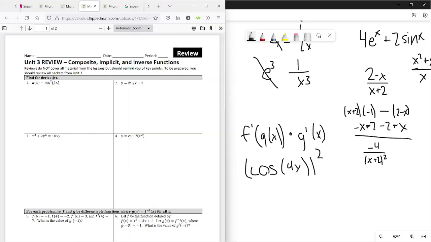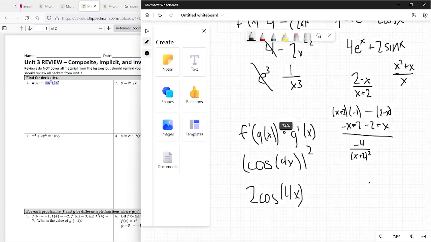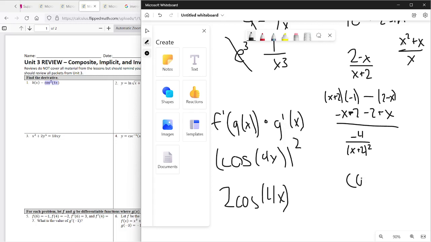So actually in this case you need to do 2 sets of chain rule because cos 4x you can't take the derivative of without chain rule. So we know it's going to be 2 cos 4x. But then for what it's multiplied by, we have to do another chain rule. So this would look like negative sine 4x times 4.